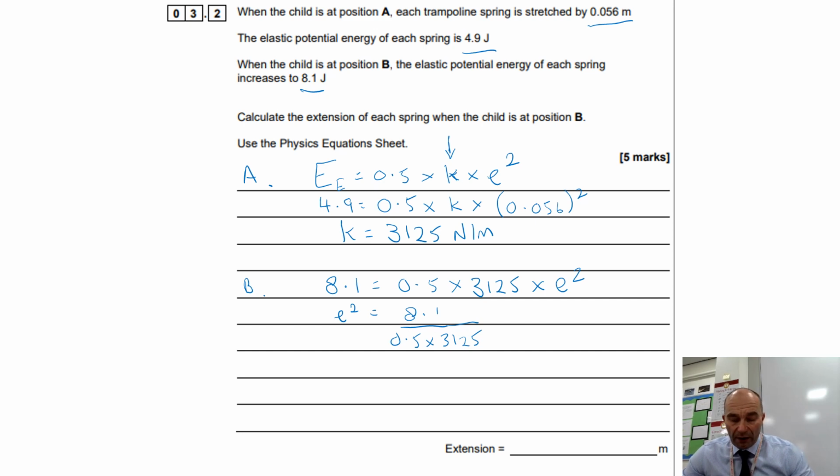Once you've worked that out and found the square root of that number, you end up with an extension equals 0.072 metres. So I just need to fill that in there. There's not a huge amount of writing in that, but that's worth 5 marks. So like I said, practice the calculations because these are good marks to pick up.